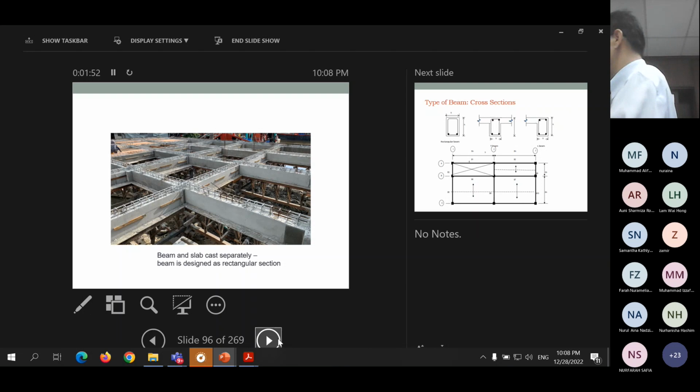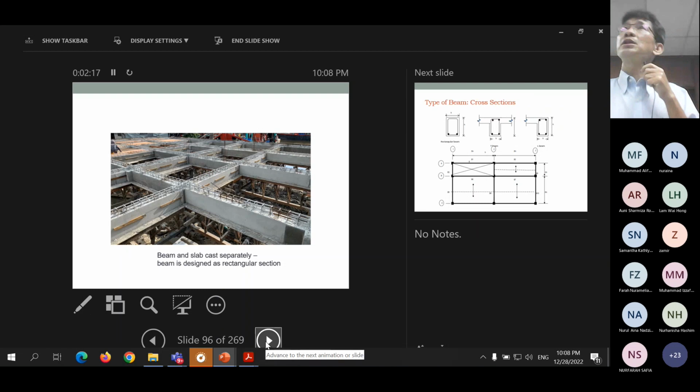If beam and slab are cast together monolithically, not in separate stages, then we can consider designing the beam as a flange beam. Depending on whether the beam is interior, then it's a T section. If the beam is at the edge, it becomes an L section.